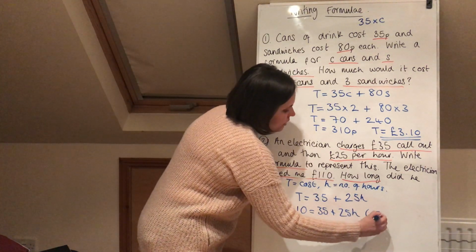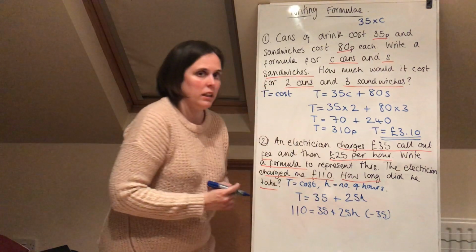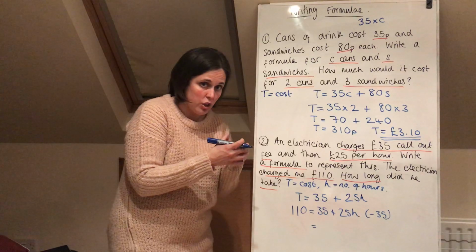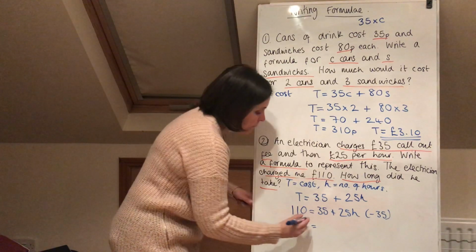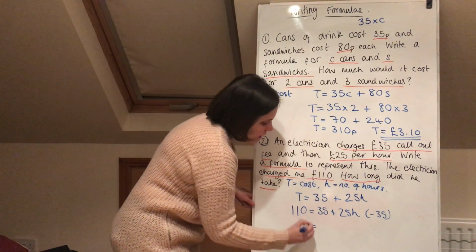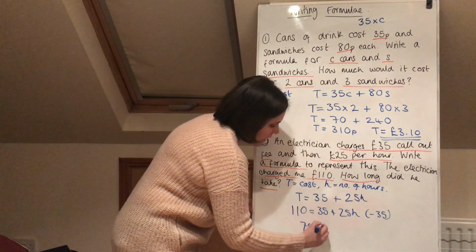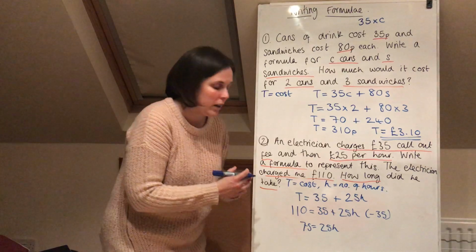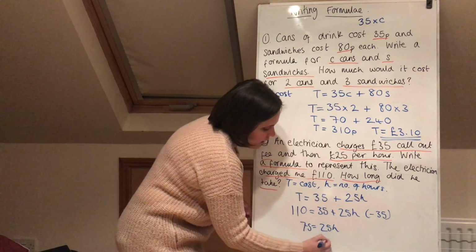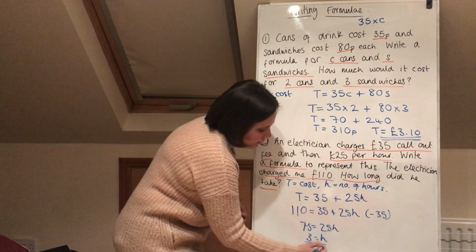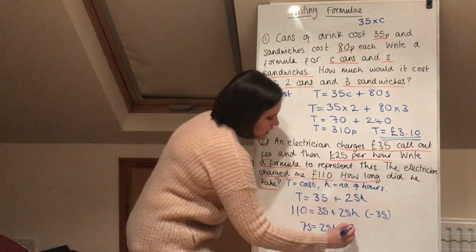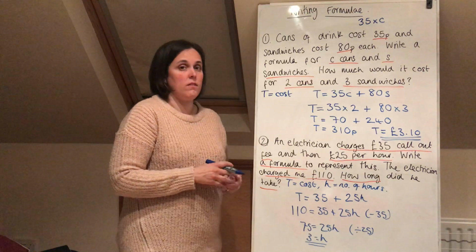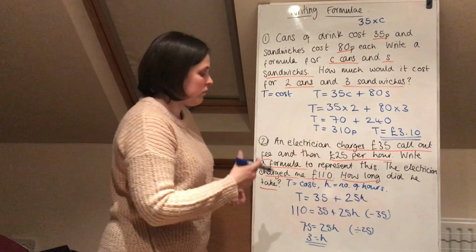So the first thing to do would be to take away that call out fee, alright? Because then that gets you how much he's charged you for the number of hours that he's been there. Now if you take out the call out fee, it's now only £75, and that is 25h, and then I think it's quite clear to see that actually it's 3 hours, okay, because what you then do is you divide by 25. So if it costs you £75, then it's cost you that 3 times.